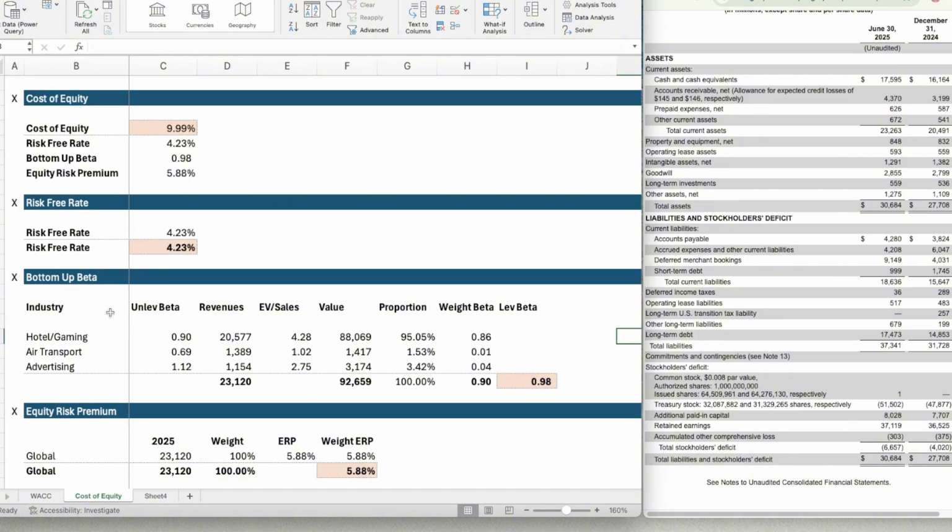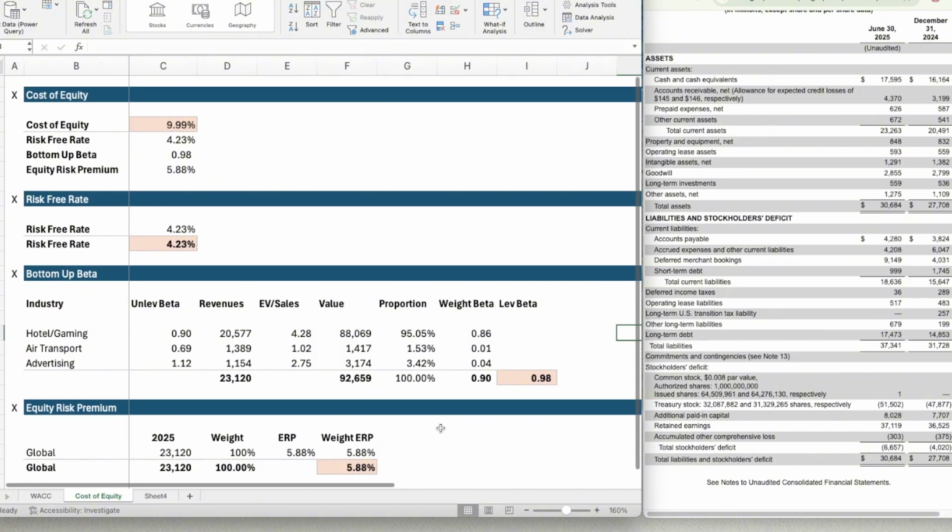The bottom-up beta is a bit more difficult because we have to identify the industries that Booking operates in, and then work out the proportion of those in the beta to give a weighted beta, and then we lever it so that we can plug it into the cost of equity, which is then plugged into the WACC. It's the same with the global risk premium, except that we only need one figure here, the global figure, because we don't have the individual breakdown.